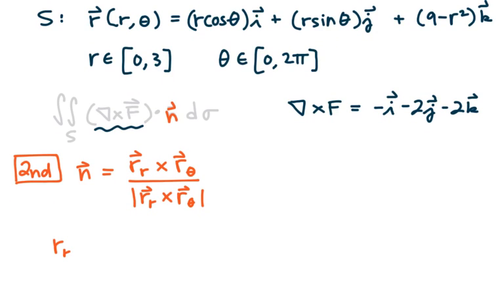So r partial r, that is going to give me cosine theta i plus sine theta j plus, or we could say minus, 2r k.